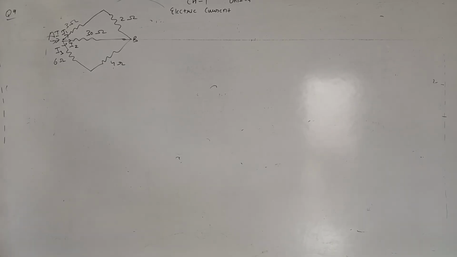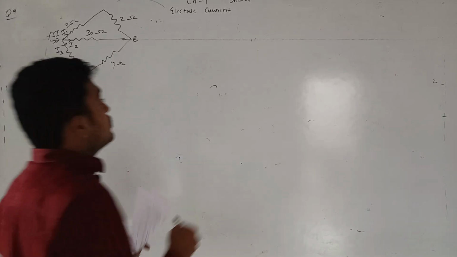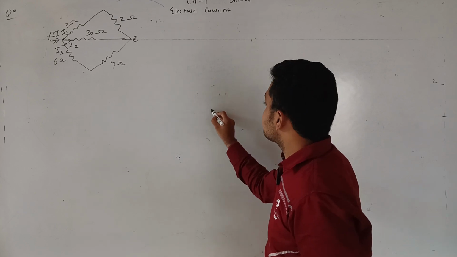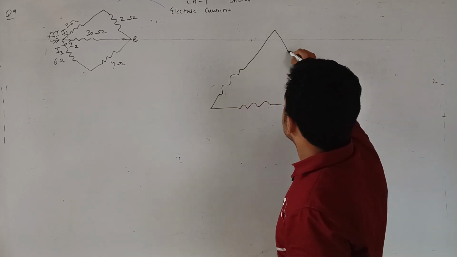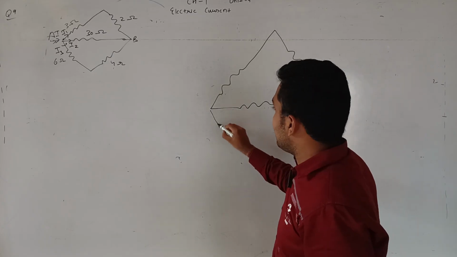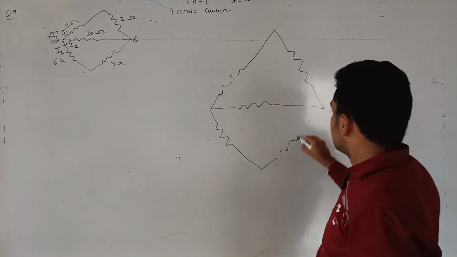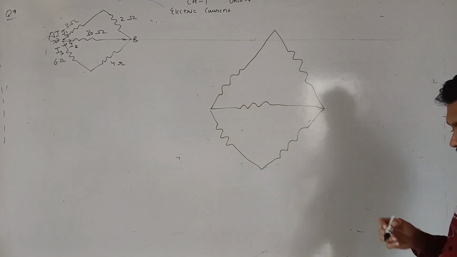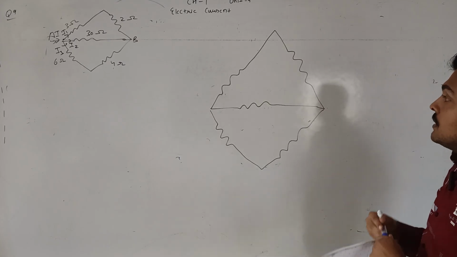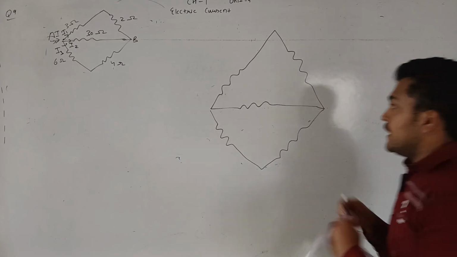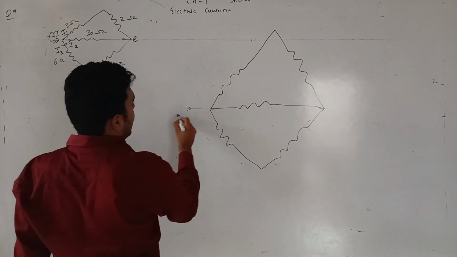are connected between the 2 same points, like this we can see. So we have like this. Now current I is coming.